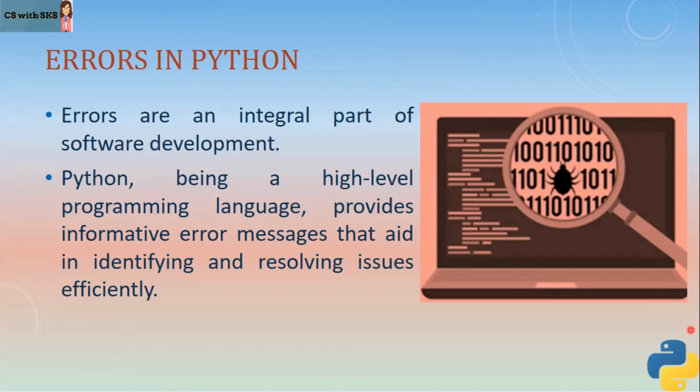These can be as small as missing a bracket, a colon, maybe a comma, right? And they can also be big logical errors. Python provides us with informative error messages. Using them, we can easily identify and resolve these errors in our program, right?